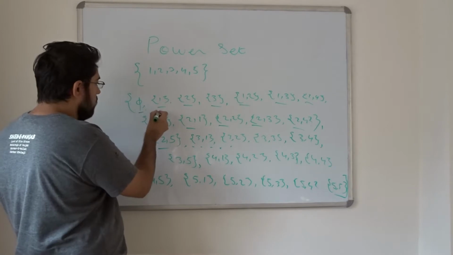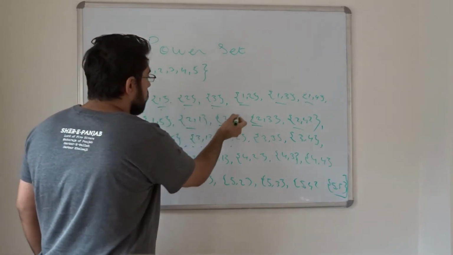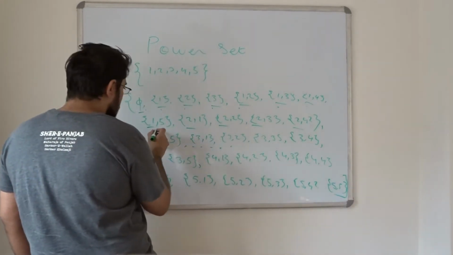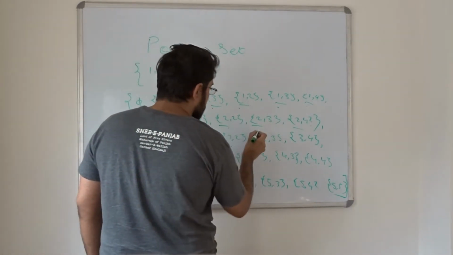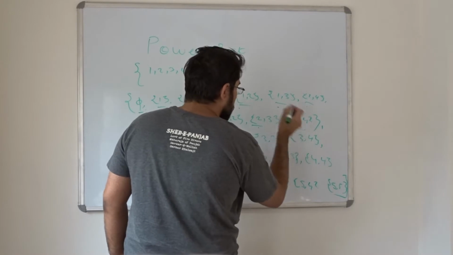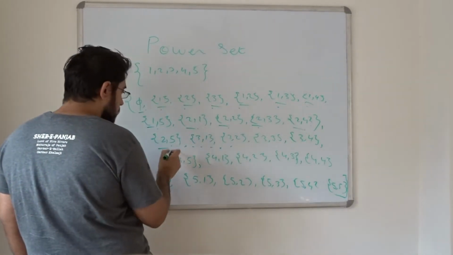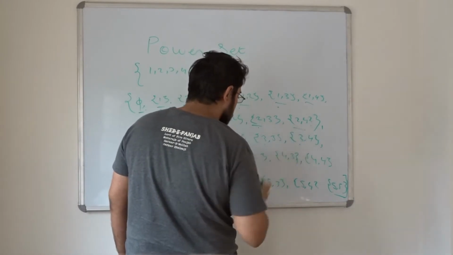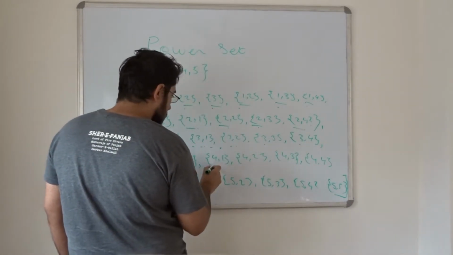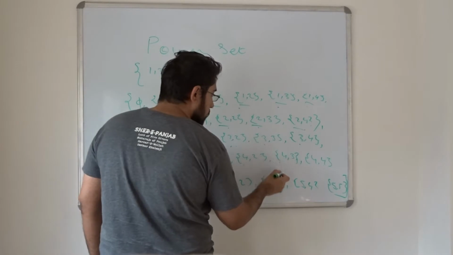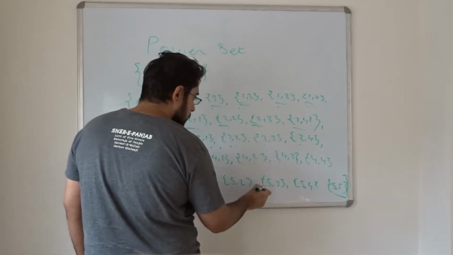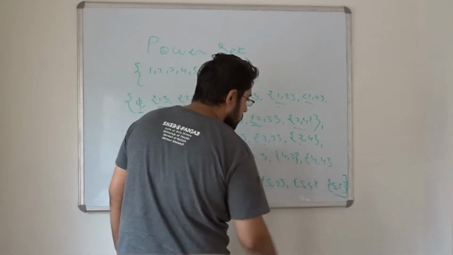Okay? 1, 2, 3, 4, 5, 6, 7, 8, 9, 10, 11, 12, 13, 14, 15, 16, 17, 18, 19, 20, 21, 22, 23, 24, 25, 26, 27, 28.